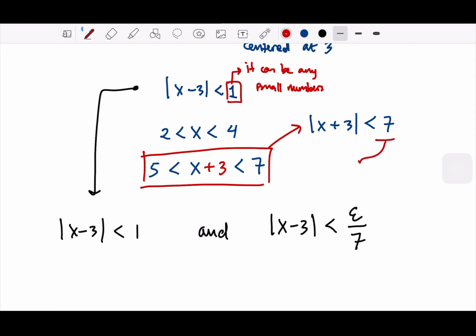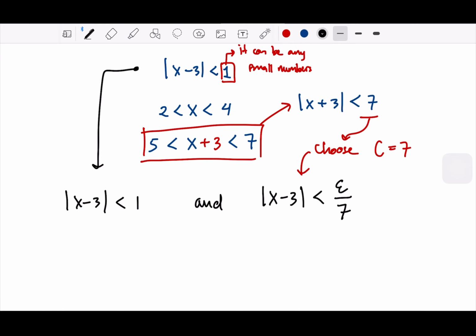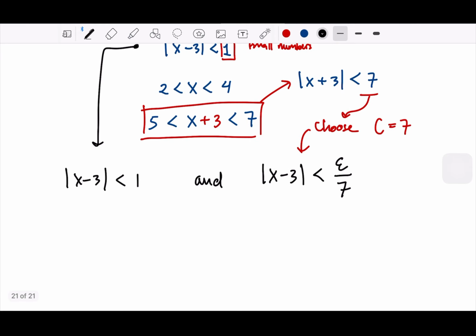So choose c equals 7. Okay. So to make sure that these two, because it seems that we have two different inequalities, right? So we need to make sure that we have an equation that covers both.